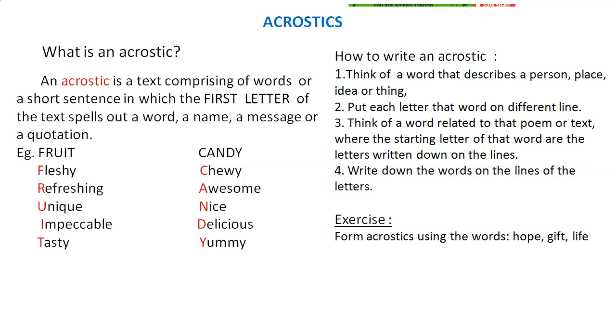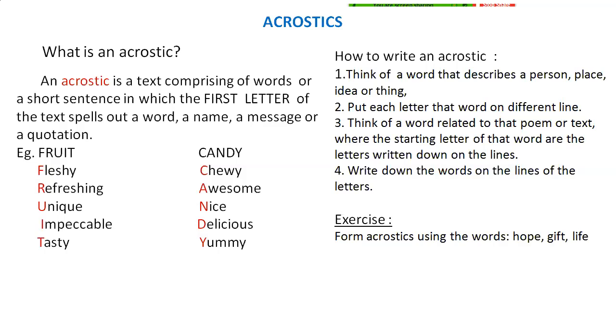We've taken the next letter R and the word is refreshing that we've made out of this letter. We took the next letter U and a word that we made from this letter is unique.